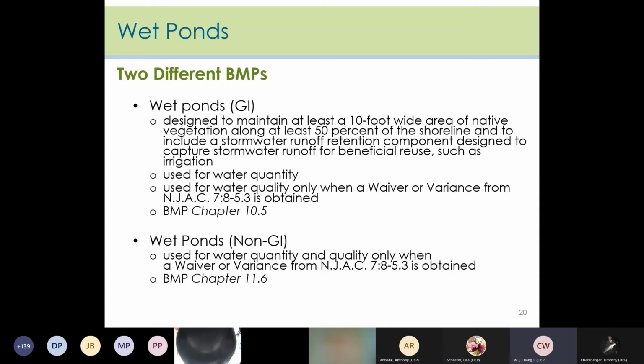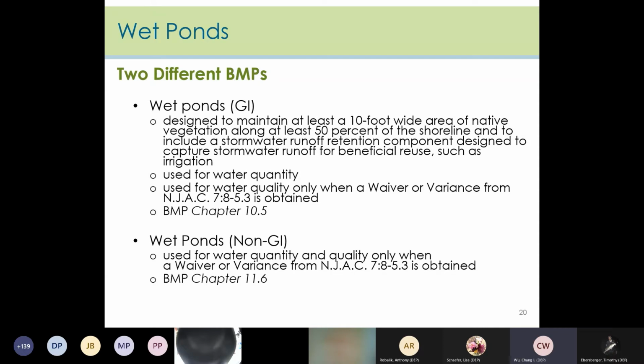GI wet pond has to be designed to maintain at least a 10-foot wide area of native vegetation along at least 50% of the shoreline, and also include a stormwater runoff retention component designed to capture the stormwater runoff for beneficial use, such as irrigation.